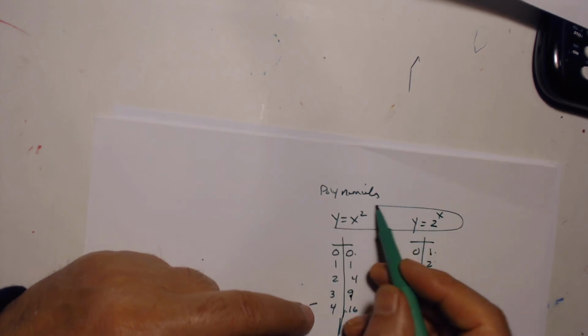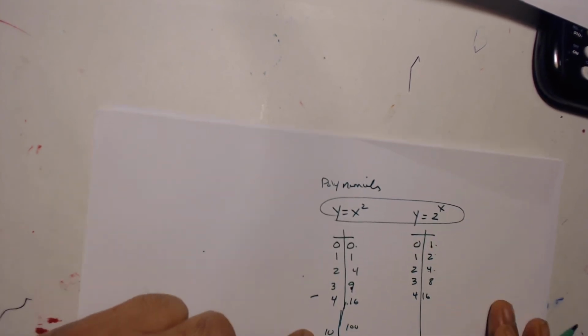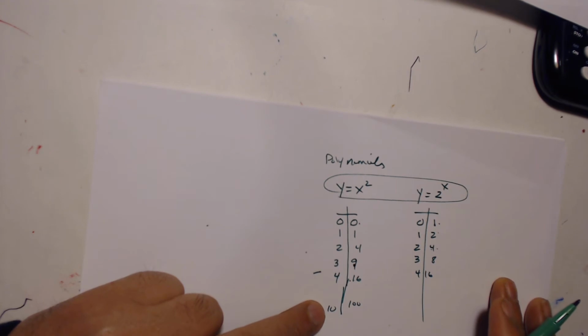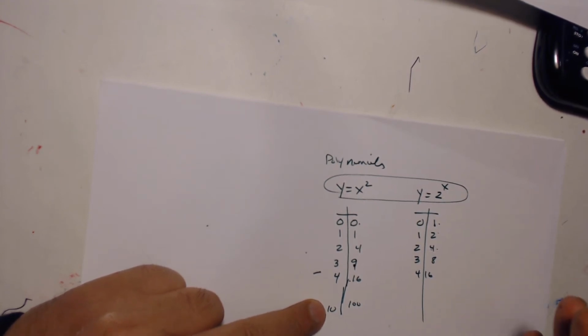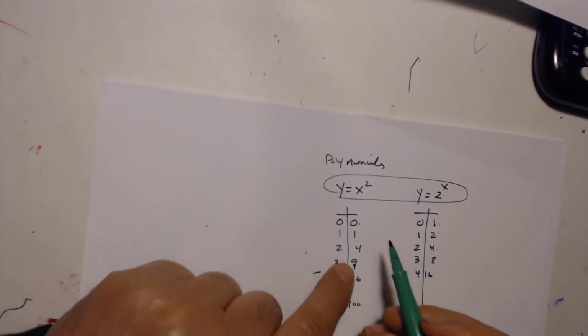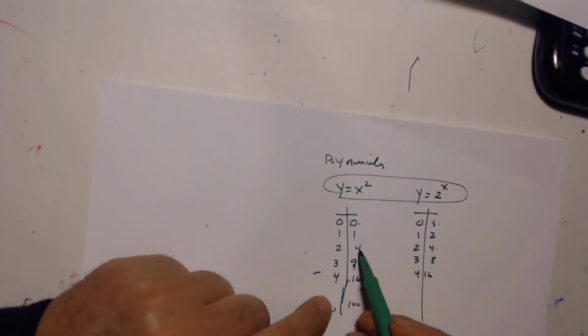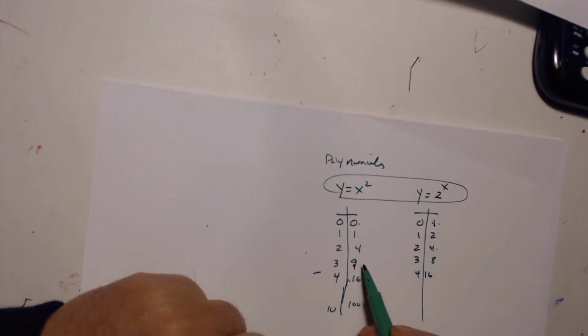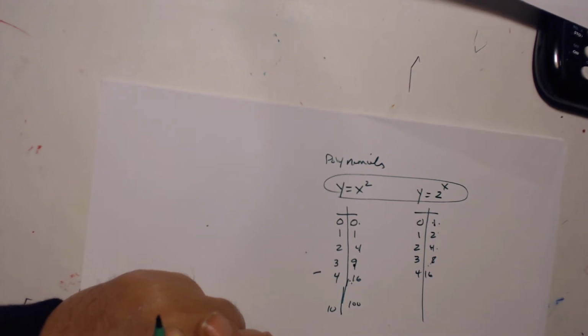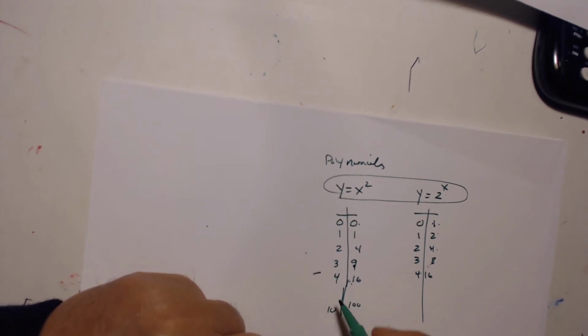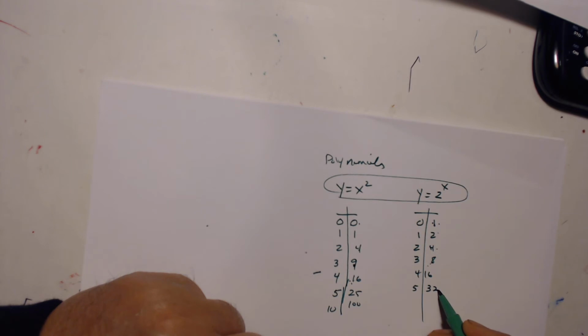Therefore, if these two go to a wrestling match and they wrestle for 10 rounds, first round, this one is going to win. Second round, this one is going to win. Third round, they're tied. Fourth round, the polynomial wins. Fifth round, this is 25 and this is 32.